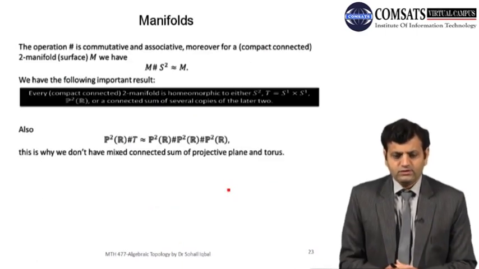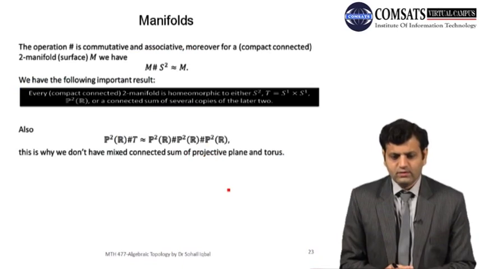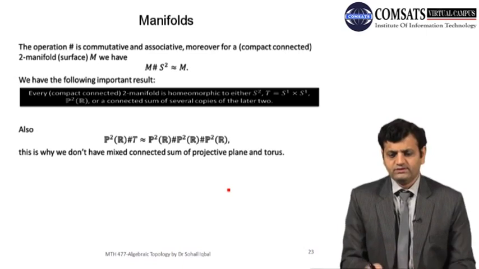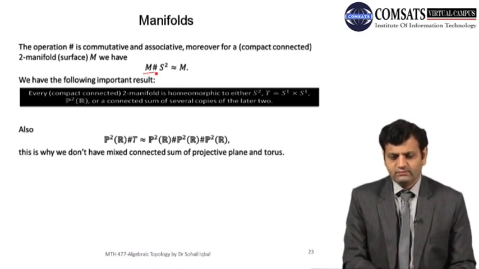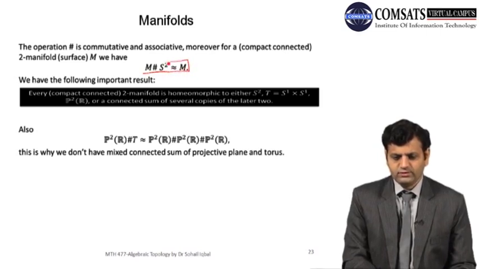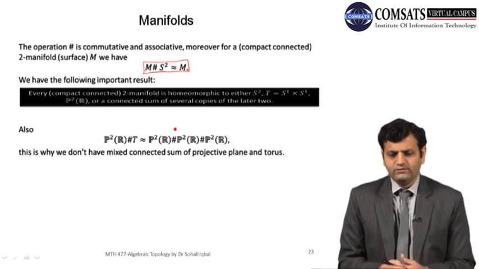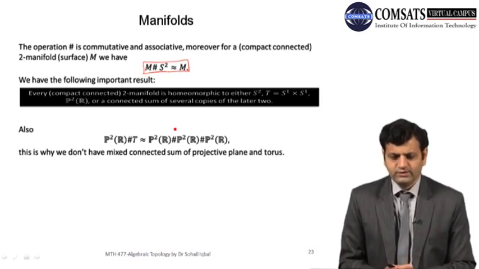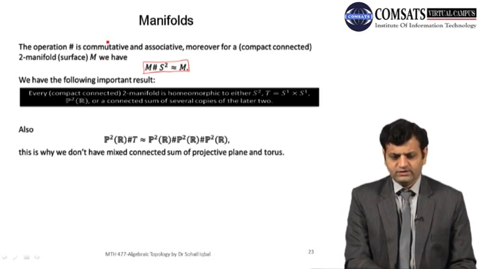Okay, so this operation, sharp, is commutative and associative, and moreover for a compact connected two-manifold, which we can say is a surface, we have this result that M sharp S2, the two-sphere, is homeomorphic to M. For those familiar with the idea of a group, we can say that this operation is commutative, associative, and this S2 acts like a right identity of this set.